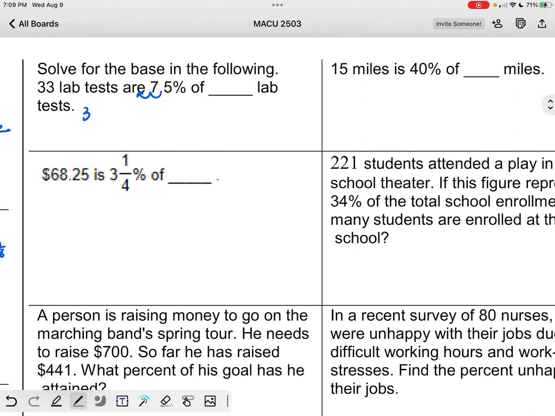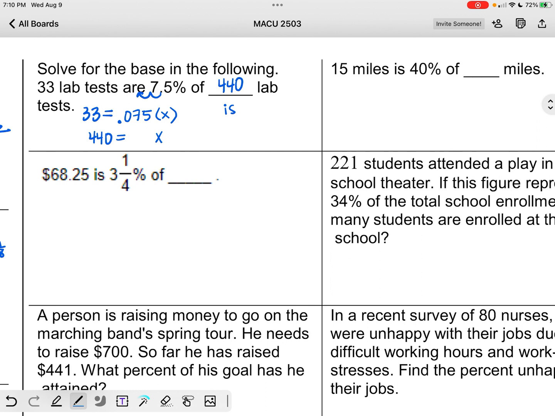So 33 will be equal to 0.075 of that value, the space that we're looking for. You're going to divide both sides by 0.075. After dividing, you're going to be at 440. Why did I write 3/4? I'm a silly goose. So 440 would be our total for our lab tests.